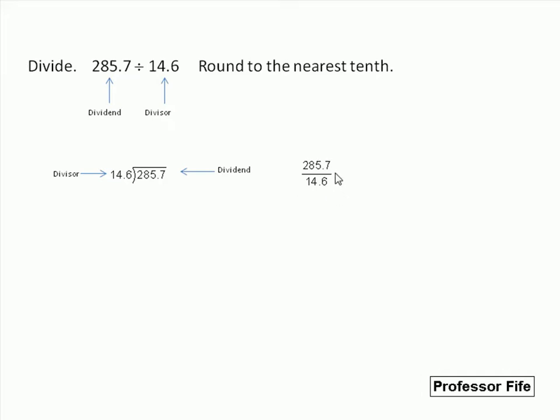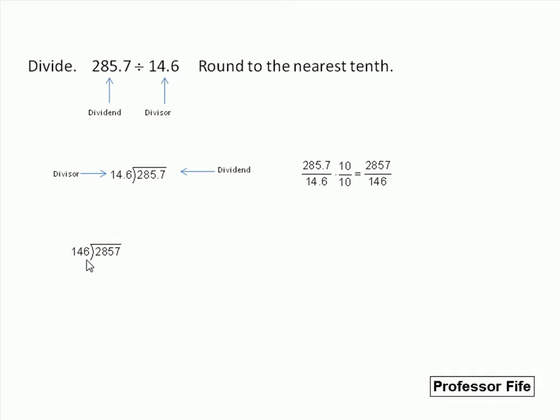And if we take that fraction and multiply it by 10 over 10, multiplying by 10 will move the decimal place one place to the right in the numerator and also in the denominator to give you an equivalent fraction, 2,857 over 146. So this division problem, 285 7/10 divided by 14.6, is equivalent to this division problem, 2,857 divided by 146.